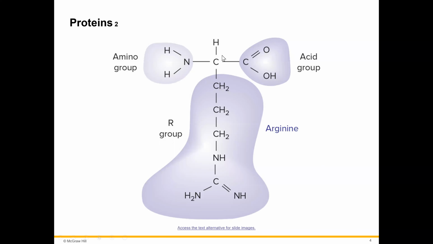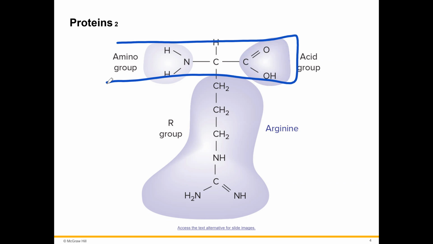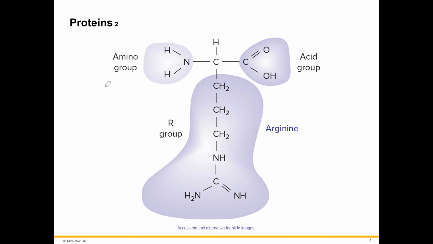So let's go ahead and look at the structure of an amino acid. Over here you can see a central carbon, and it's attached to hydrogen, an amino group, and an acid group. This part of the amino acid is the same for all 20 amino acids.